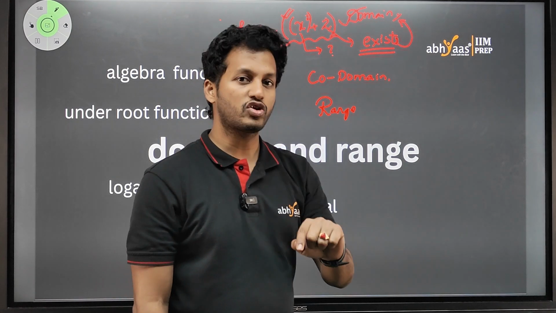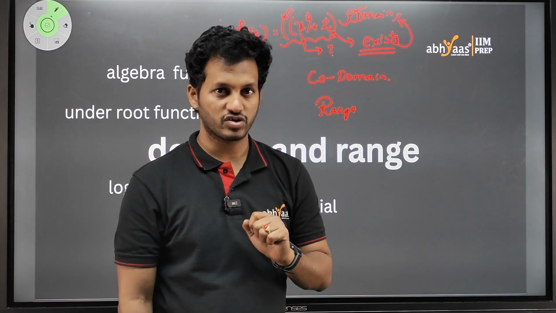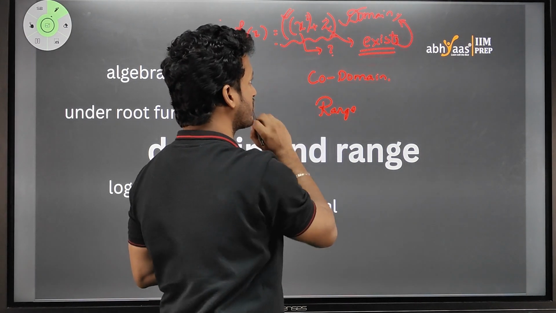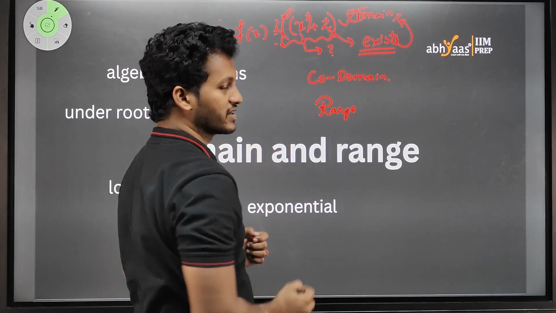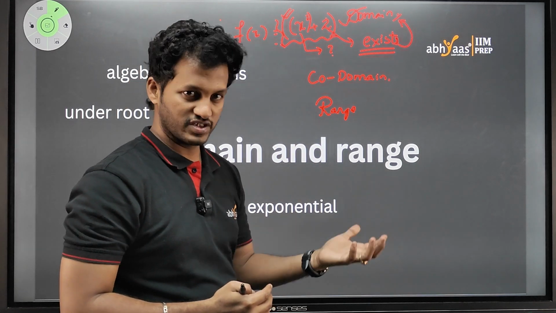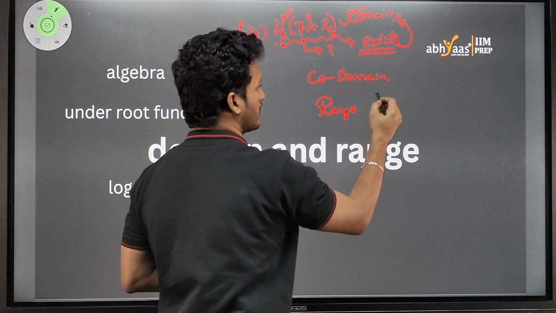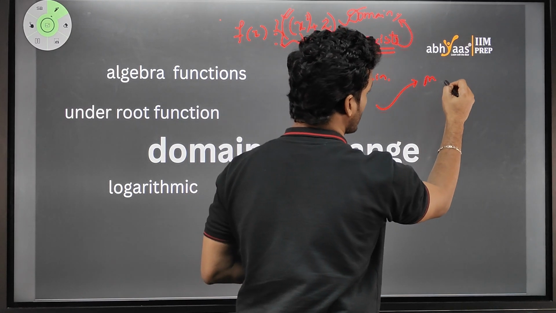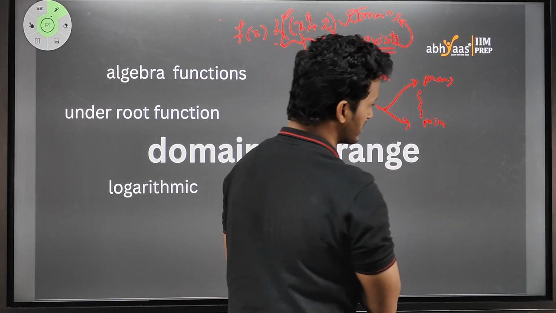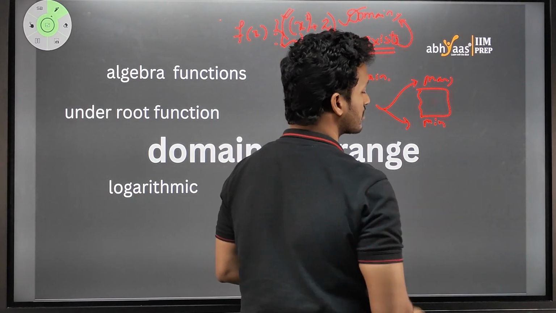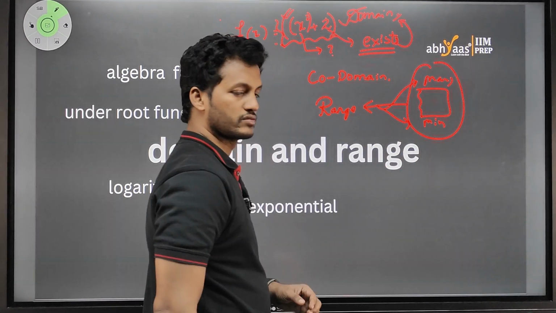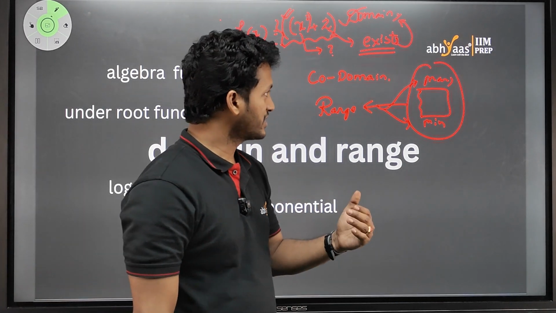In that domain, if I take those particular values in place of x, the whole value of f of x will change. In those values, the maximum and minimum and the numbers in between, the whole thing is called the range. Let me repeat that again.